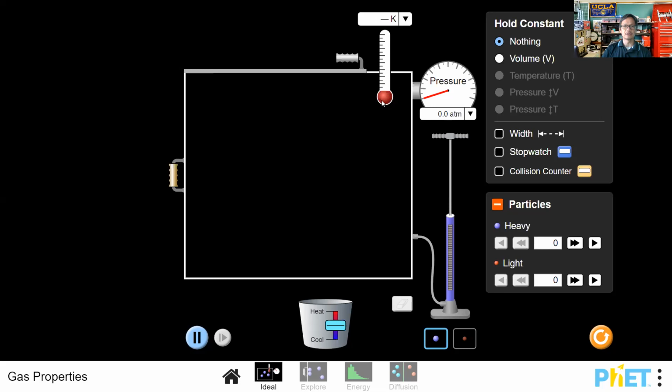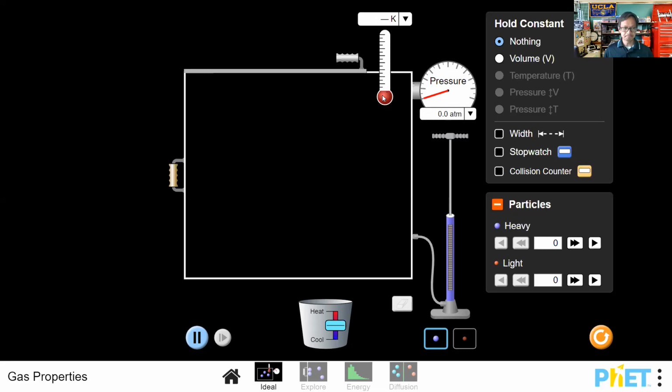Effectively here we have 0 down at the bottom. What does that mean for what's happening inside the chamber in terms of the kinetic energy? Explain why the pressure gauge is 0 and why the thermometer is also reading 0, and make sure you answer that in terms of the kinetic energy. Go ahead and answer that.